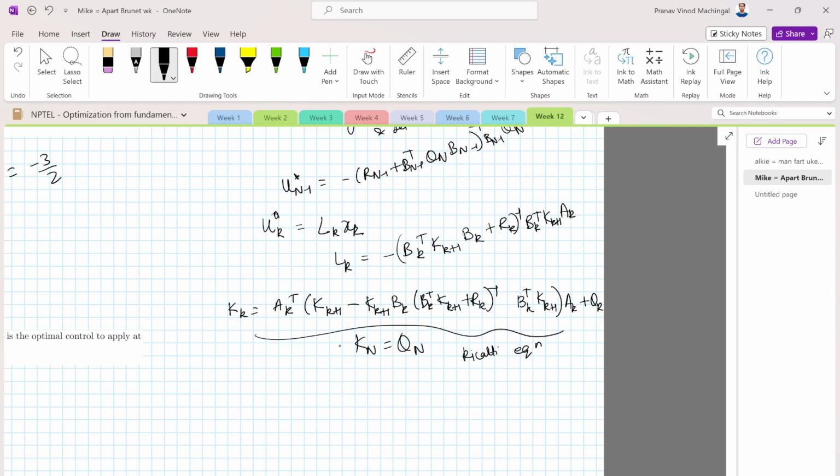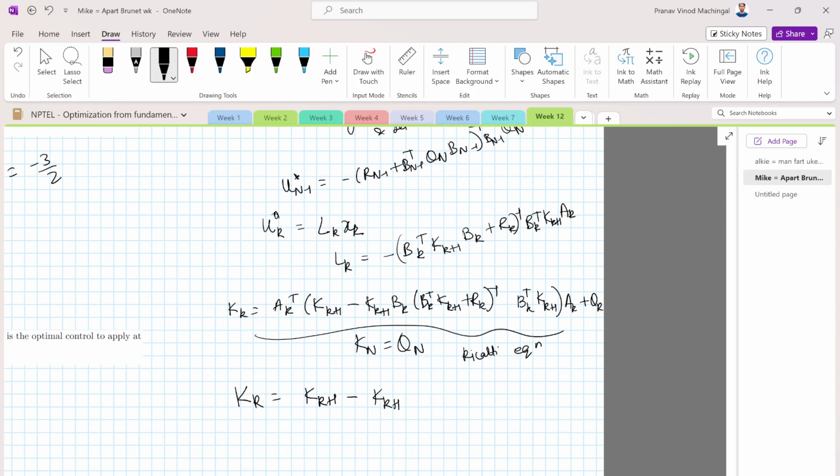So if I substitute all these as 1, then what I get is ak is 1, bk is 1, rk is 1, all this is 1. So k is equal to k plus 1 minus k plus 1 into this is 1, this is 1, this is plus, let me check.